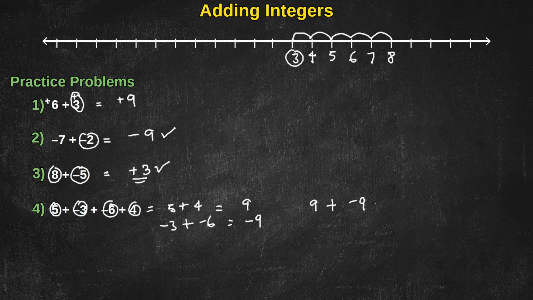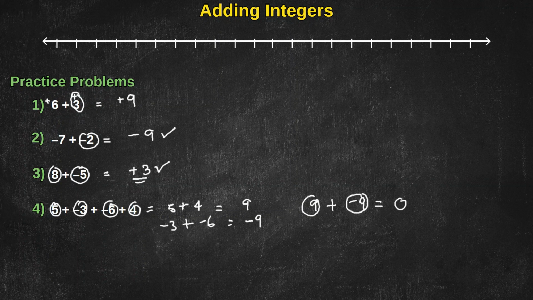So we have different signs. Because we have different signs, we need to subtract. 9 minus 9 will be 0. Let's prove it using the number line. You can locate 9 anywhere you'd like. I'll write it over here. Now, the negative 9, this one, is negative.